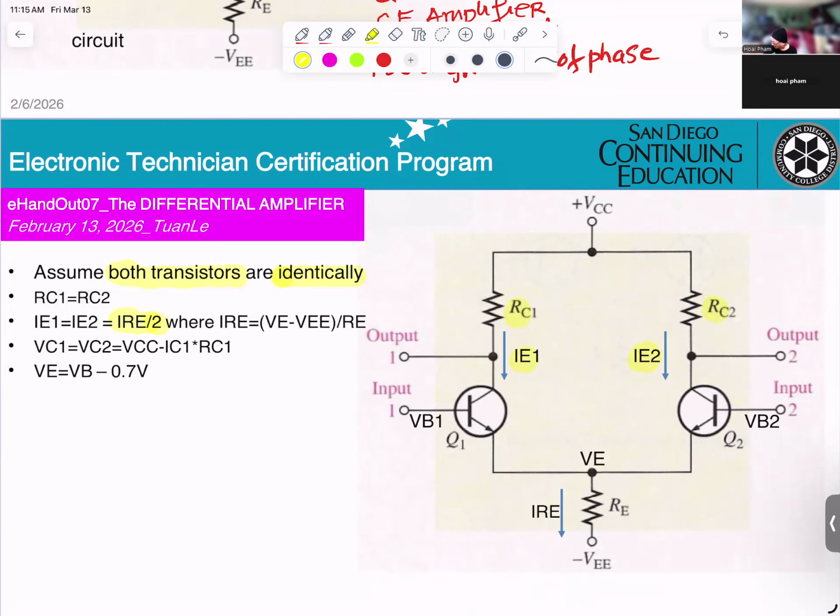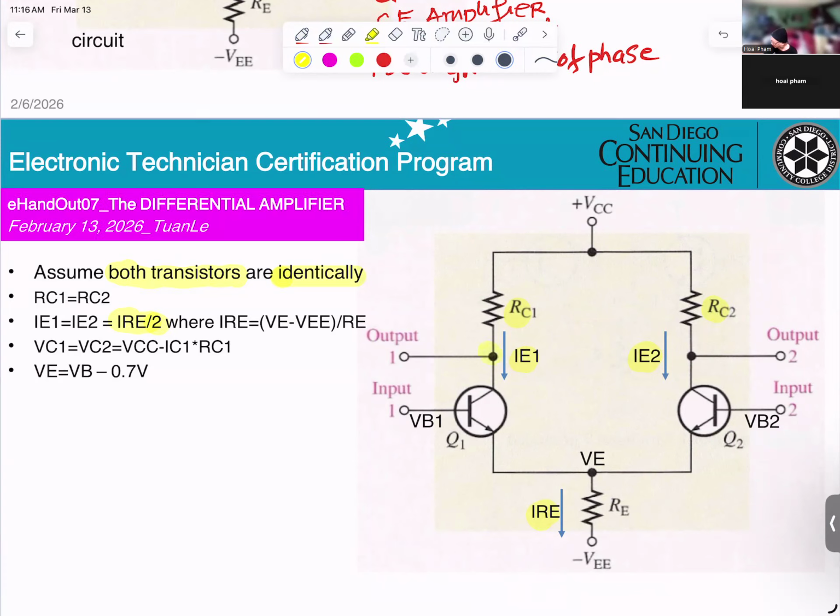Where IE equals VE minus VEE divided by RE. That's what we get for IE. Okay? And VC1 and VC2.